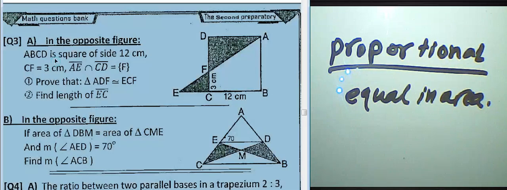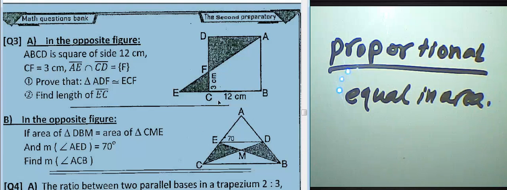Question 3. In the opposite figure, ABCD is a square of side 12 centimeters, CF equals 3 centimeters, AE intersects CD at F. Prove that triangle ADF is similar to triangle ECF.